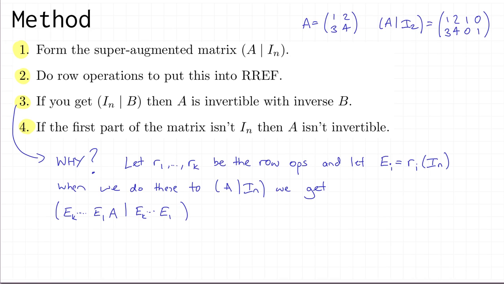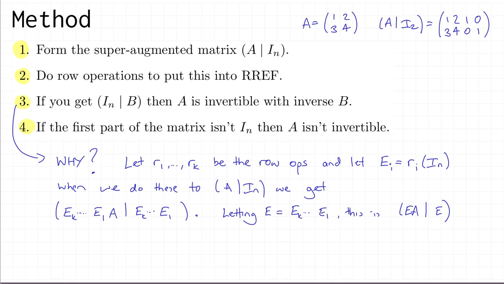All right. So if we give the name E to this product of the elementary matrices, then this is EA on the left and E on the right.